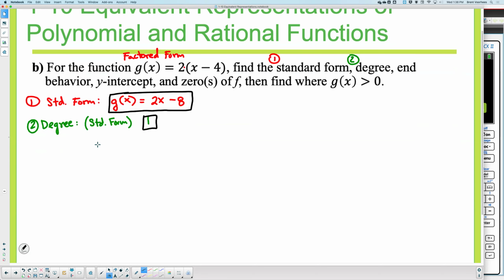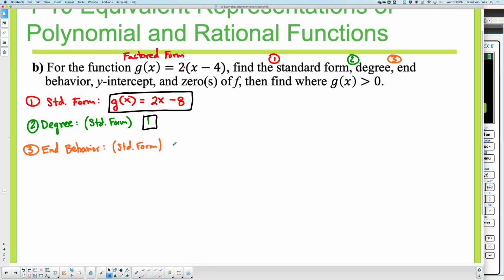Answer is 1. Okay, now we need to find the end behavior. For end behavior, again, all of this is typically easier from the standard form other than the exception being zeros or graphing. Those are the only thing that's easier for factored form.